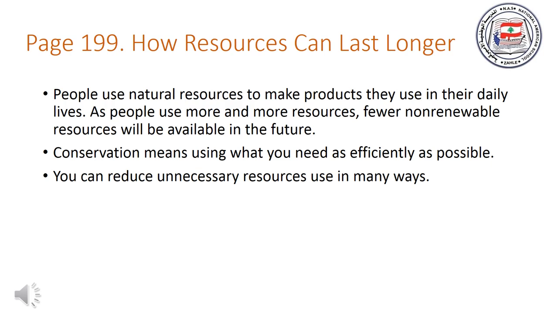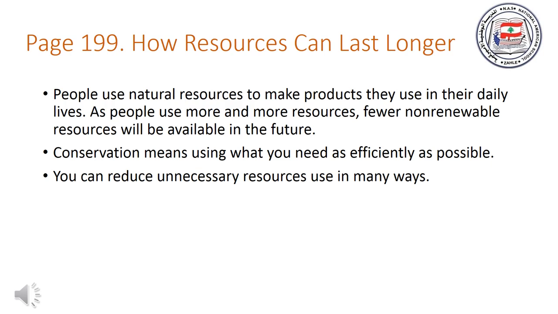People use natural resources to make products they use in their daily lives. As people use more and more resources, fewer non-renewable resources will be available in the future. Conservation means using what you need as efficiently as possible.